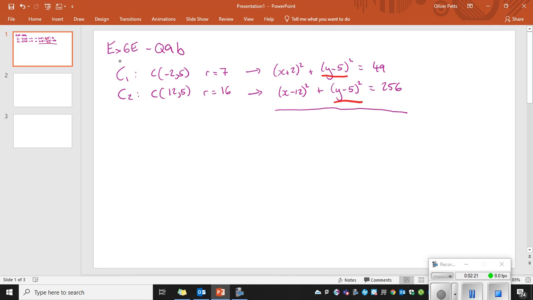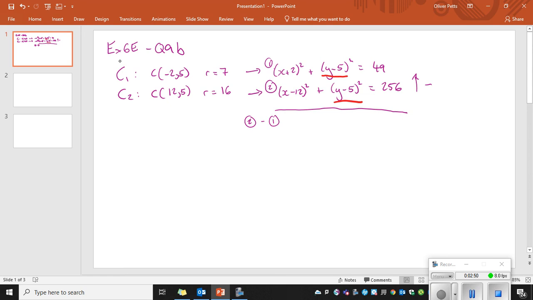If I consider these as two equations, let's call the top one equation 1 and then equation 2 below. If I do equation 2 subtract equation 1, going in reverse with my subtraction only because I've got 256 on the bottom and 49 on the top, I'm actually going to end up eliminating my sets of brackets involving y minus 5 squared.